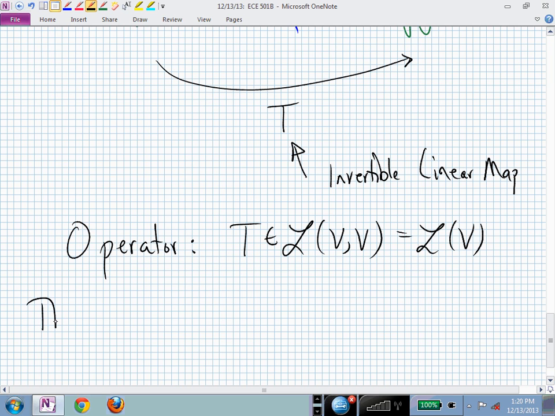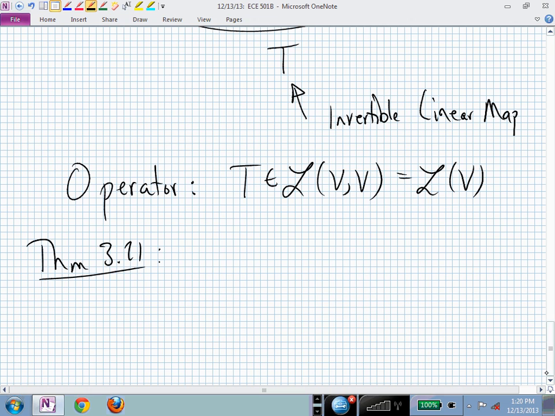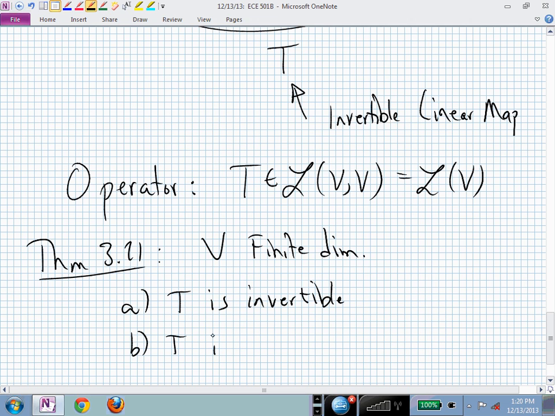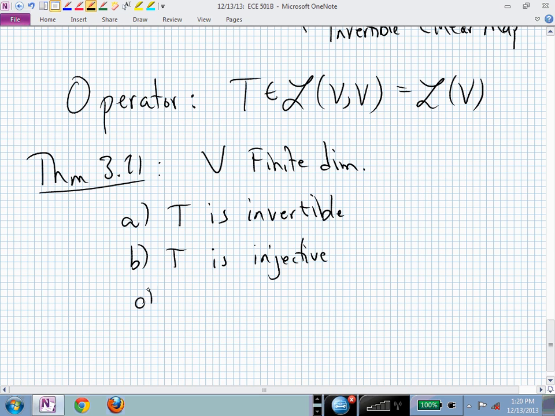And once we have a finite dimensional vector space, then theorem 3.21 says that the following three statements are equivalent: T is invertible, T is injective, and T is surjective.